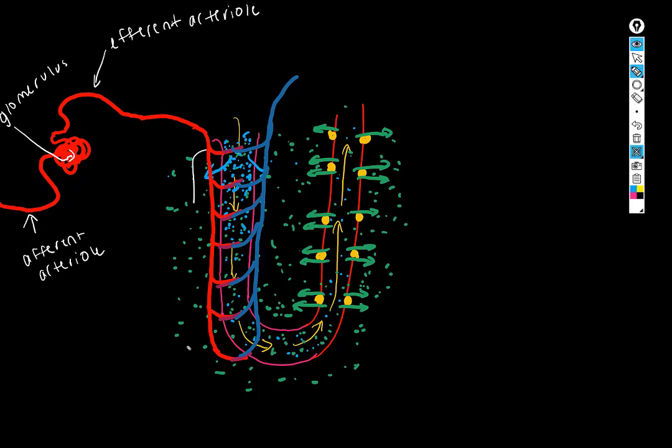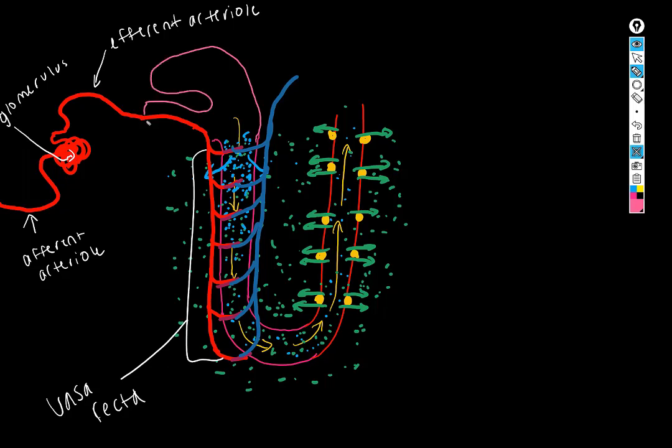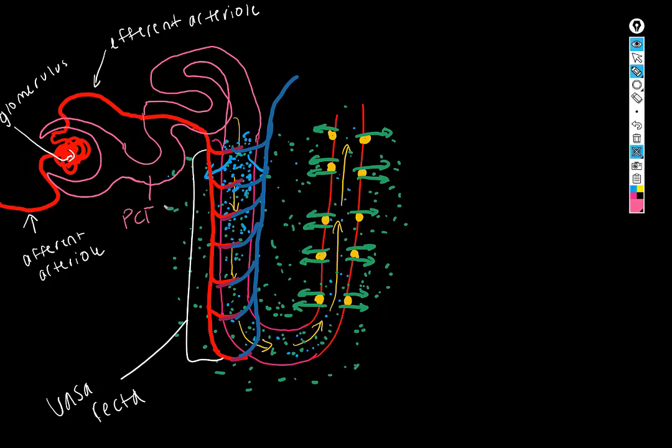And this laddery structure is the vasa recta. And then if I continue, so there's proximal convoluted tubules right there.